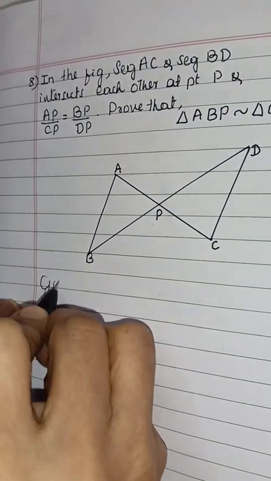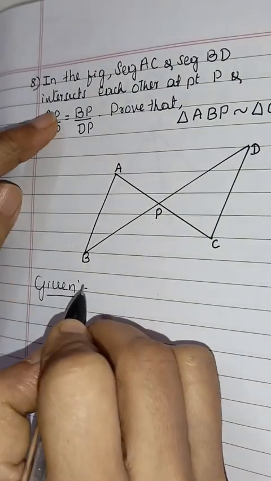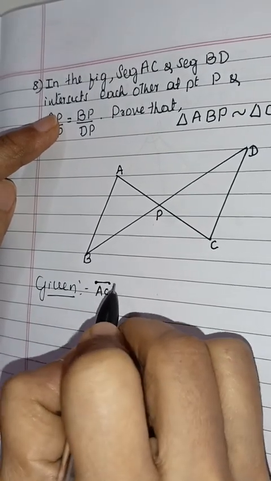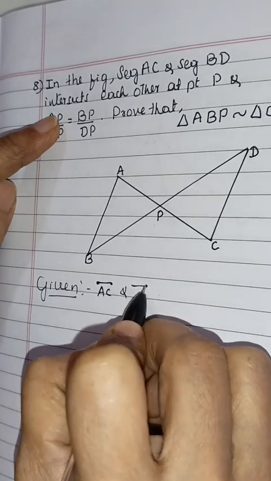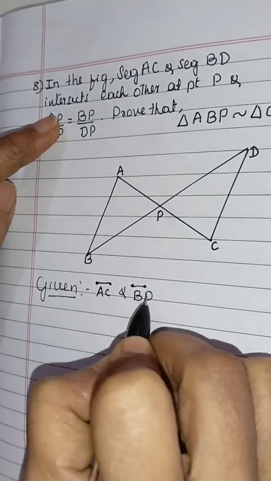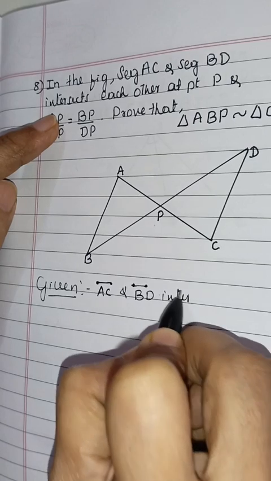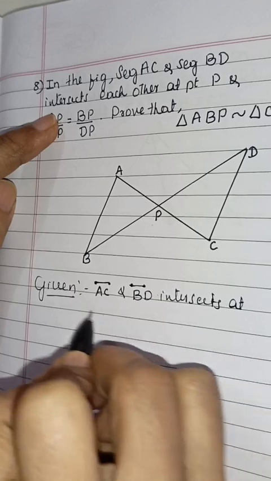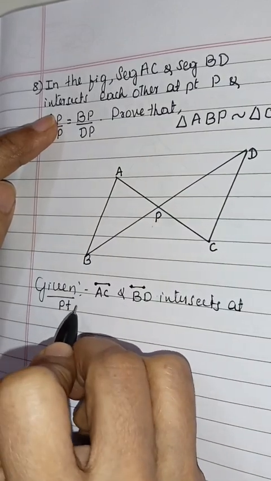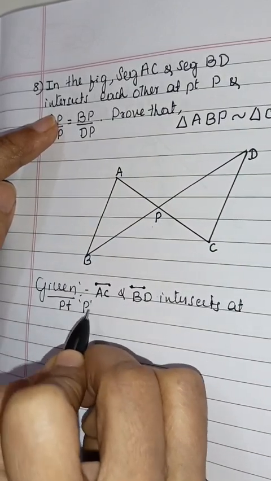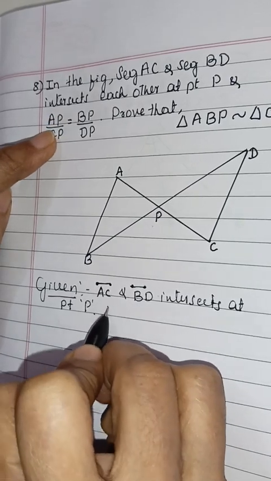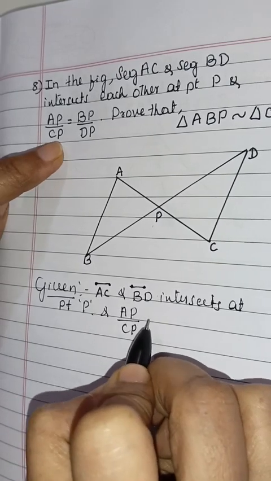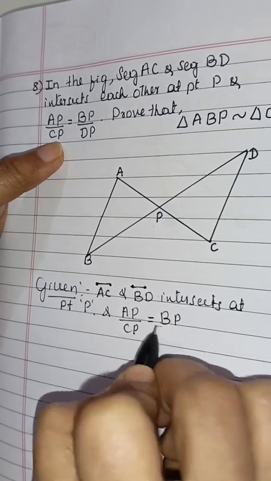Given, we will write: segment AC and segment BD intersect at point P. And this is also given, AP by CP equal to BP by DP.